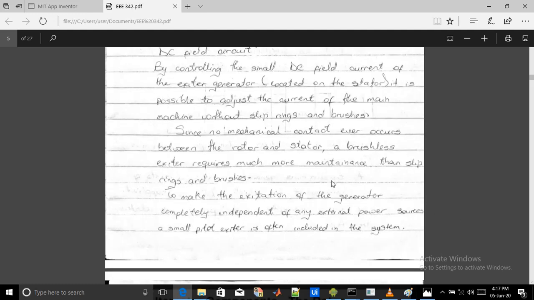Since there is no mechanical contact in the brushless machine, you can see it's brushless, there's no brush sliding across the slip rings. So there's no contact, and you have less concern about maintenance of this type of arrangement.